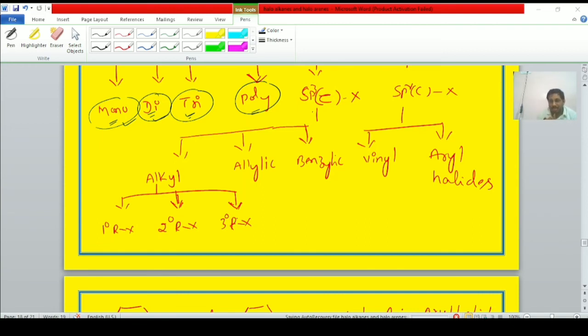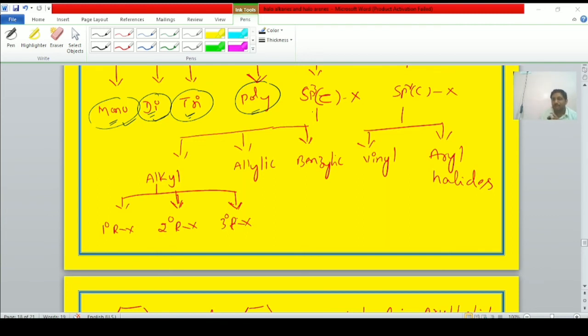Based on the number of halogen atoms, they are classified as monohaloalkanes, dihaloalkanes, trihaloalkanes, and polyhaloalkanes. Similarly, based on hybridization, they are classified into two types: sp3 hybridized carbon-halogen bond containing compounds and sp2 hybridized carbon-halogen bond containing compounds.